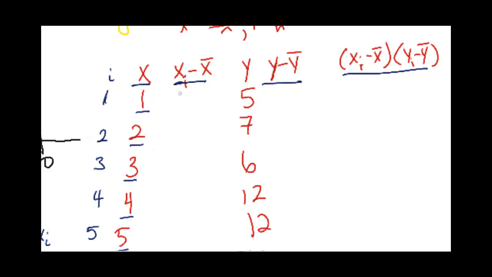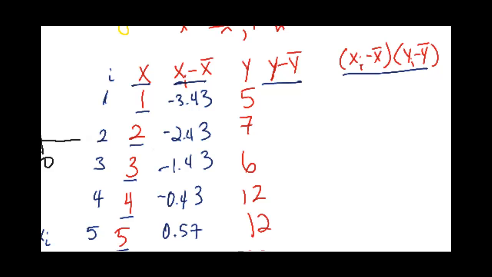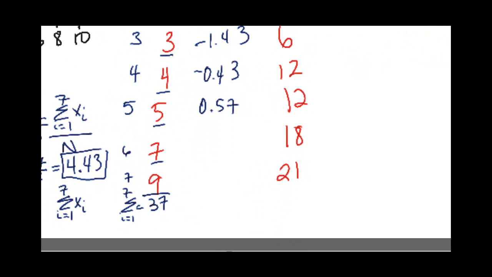The first one gives you negative 3.43, negative 2.43, negative 1.43, negative 0.43, 0.57, 2.57, and 4.57. When you sum the deviations, you should get 0. You get 0.01, which is pretty close. Close enough for good marks.